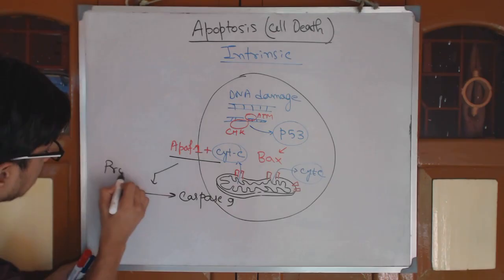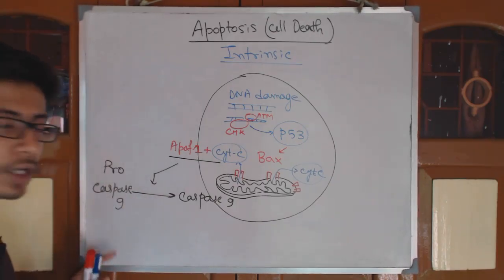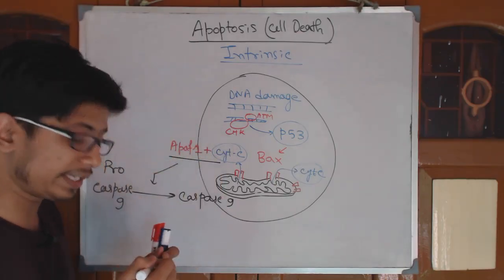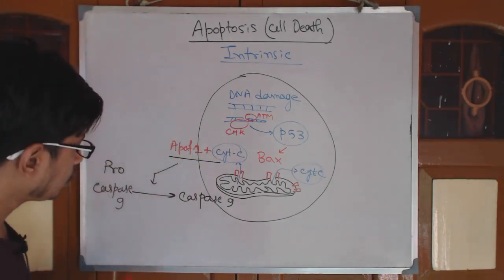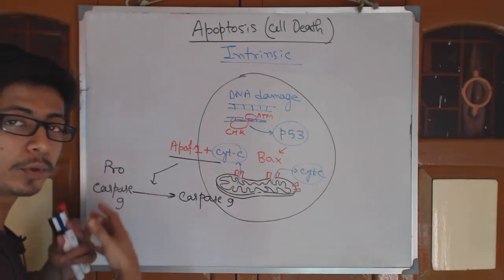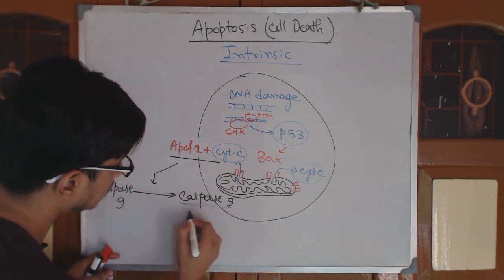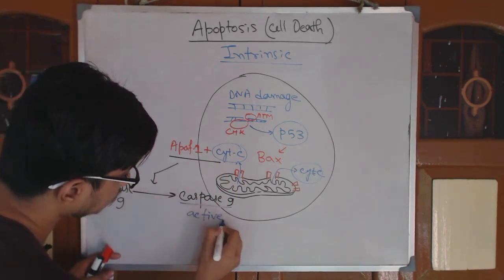Previously the caspase is present as procaspase. Pro means early, when it is not active, it's inactive. So APAF1 and cytochrome C together are going to activate procaspase into caspase, right? So now caspase 9 means this caspase is active.